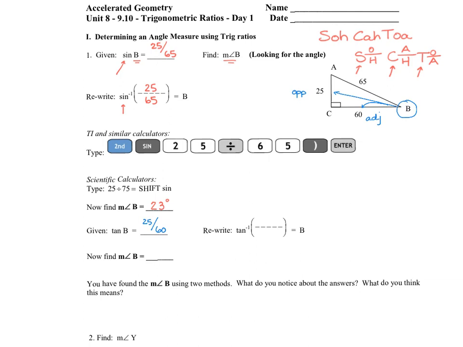If I take the inverse tangent of both sides so that I can find the measure of angle B, I'll have the inverse tangent of 25 over 60 equals the measure of angle B. If I plug that into the calculator following the steps above, but instead this time choosing tangent instead of sine, I'll do the inverse tangent of 25 over 60 and find that the measure of angle B, again to the nearest degree, is 23 degrees.